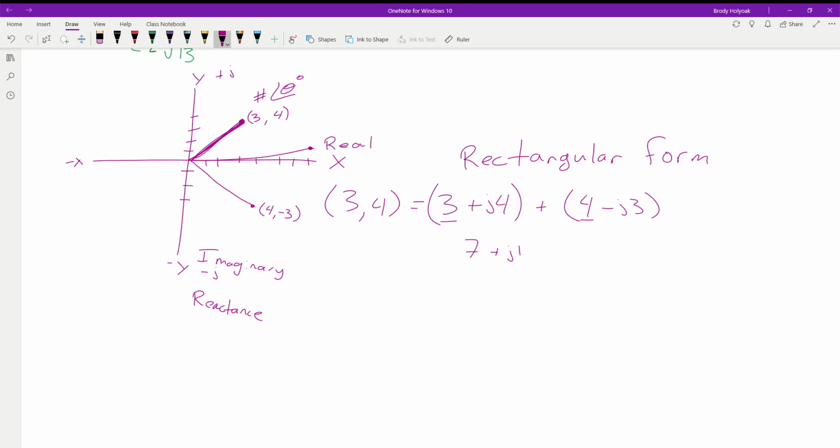Basically we're saying it's traveling so much distance away from our origin at an angle based off our reference. This is polar notation. And both of them are completely correct.